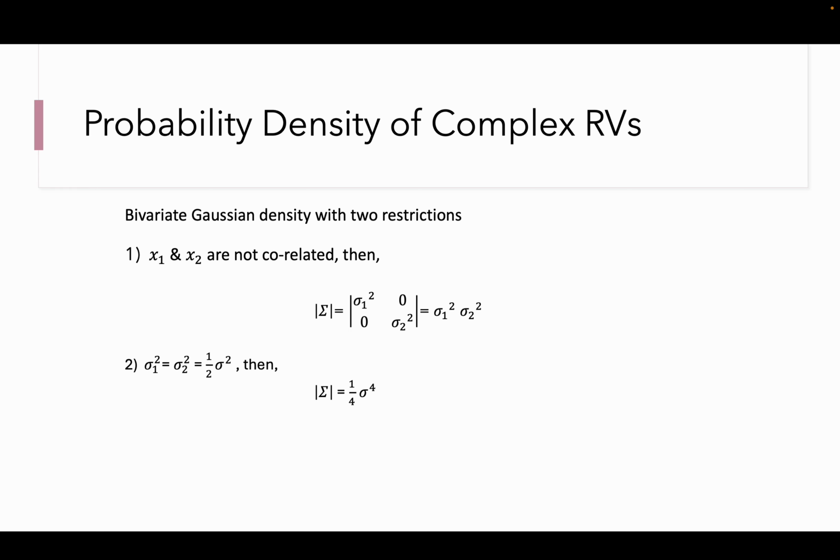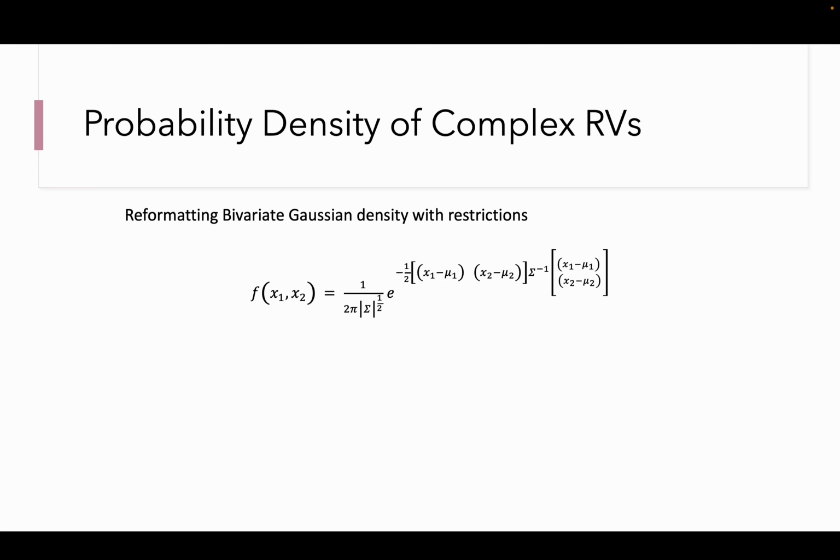If the individual variances sigma 1 square and sigma 2 square both equal half of sigma square, then the determinant of the covariance matrix comes down to 1 by 4 times sigma to the power 4.